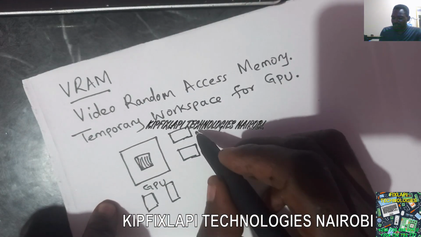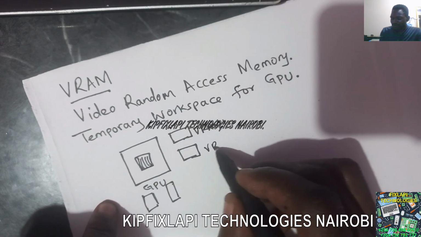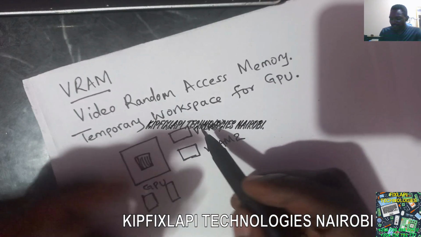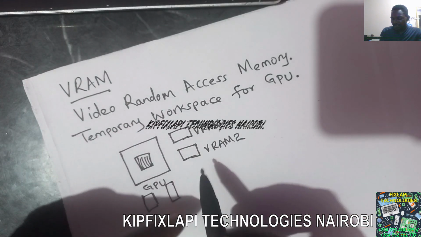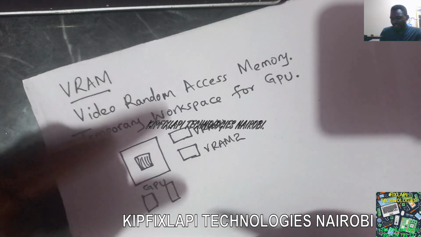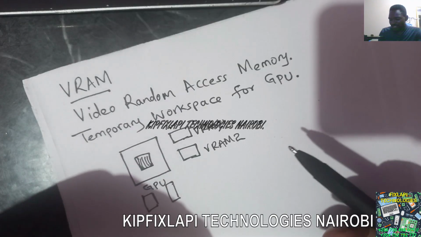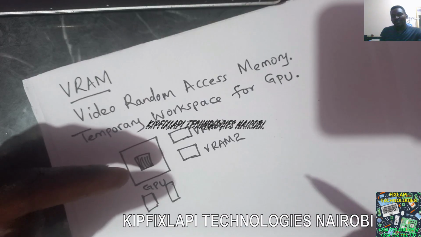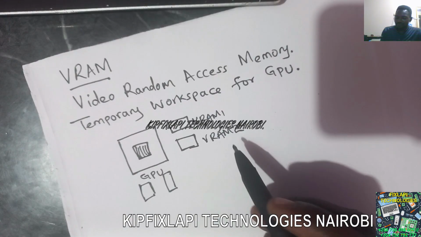So these are what's called the VRAM. This is VRAM 1, this is VRAM 2. And normally you find VRAM 1 on this side of the motherboard, VRAM 2 on the other side, VRAM 3 on this side, alternating. So that's what's called the VRAM.